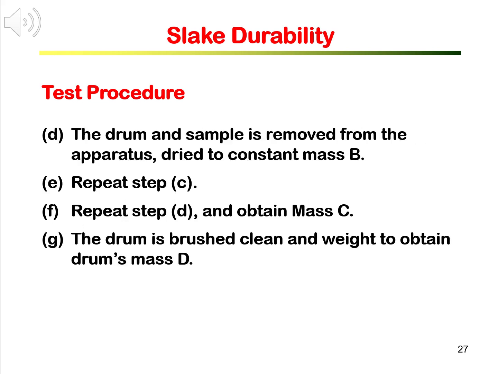After the drum and the rock lumps have rotated in water for 10 minutes, turn off the motor, detach the drum from the slake durability apparatus, and the drum with rock specimen are then put in the oven again at 105 degrees C for another 2 to 6 hours. The rock specimens in the drums are again dried. The total mass of the specimen and the drum is measured and recorded as mass B.